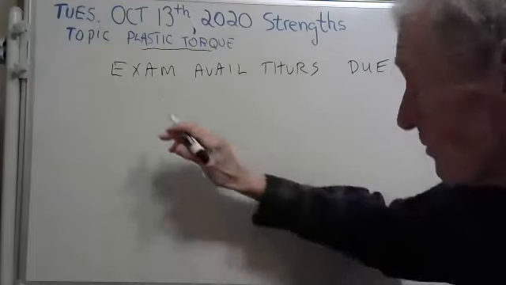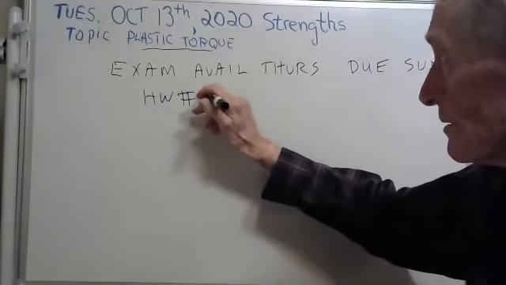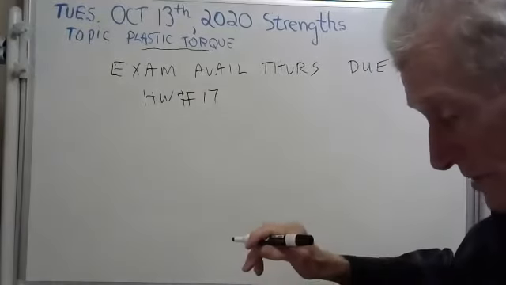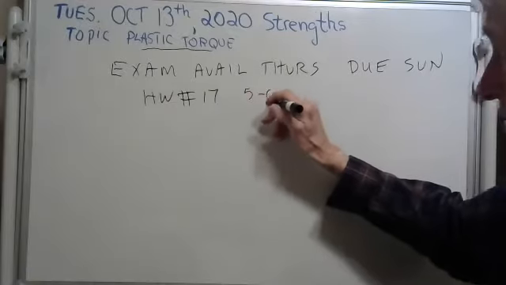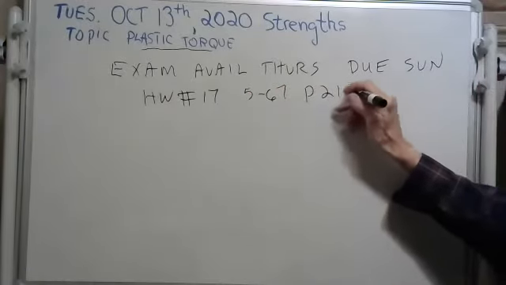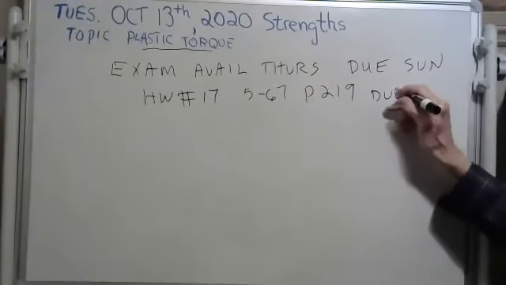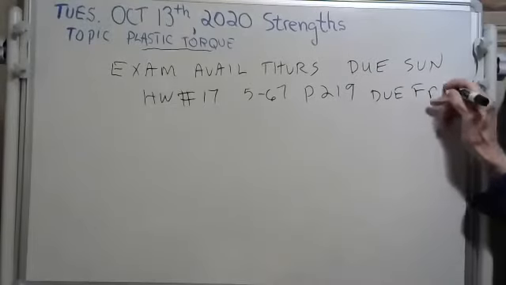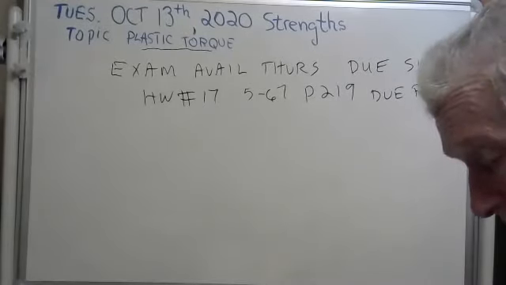And then you have homework. Homework assignment 17. It's problem 567. It's on page 219. And it's due Friday. There we go. Okay.